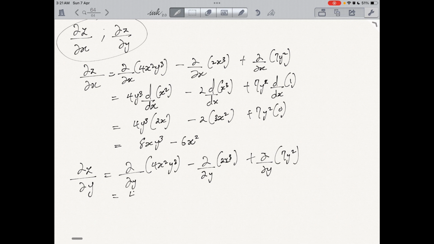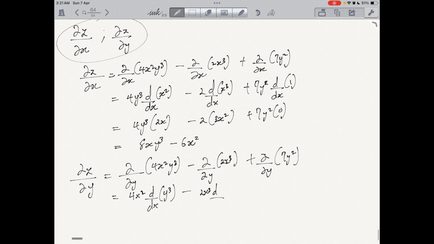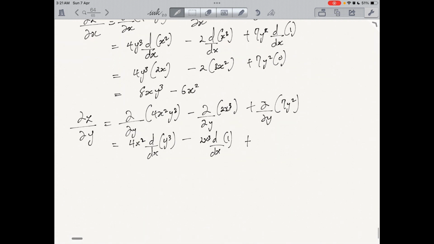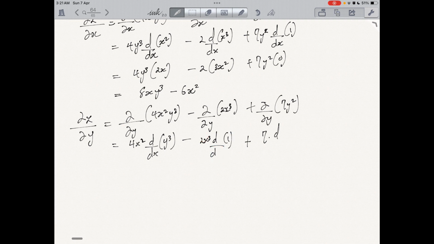So we have 4x squared d/dy of y cubed minus 2x cubed d/dy of 1 plus 7 d/dy of y squared.